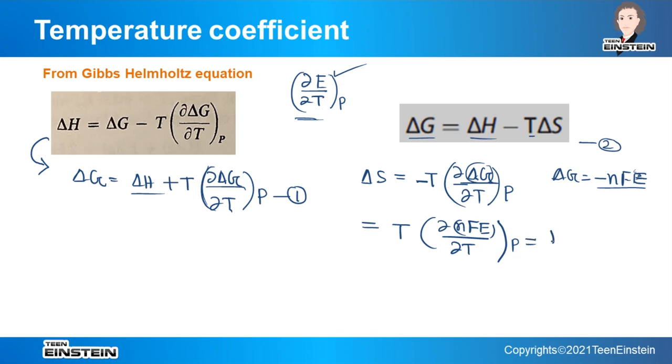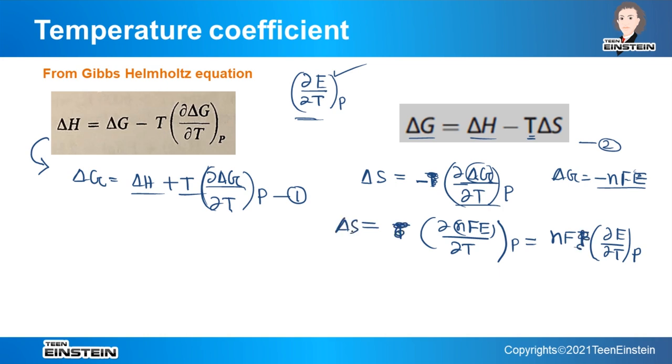So it will be nF del E by del T at constant pressure. Sorry, T should not be written, because when we compare in both equations there is T. So del S is simply equal to this.